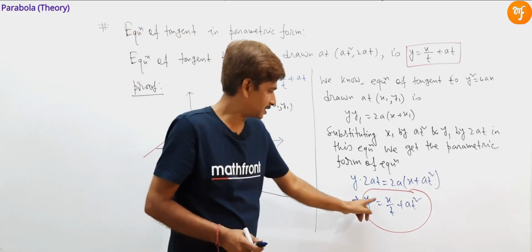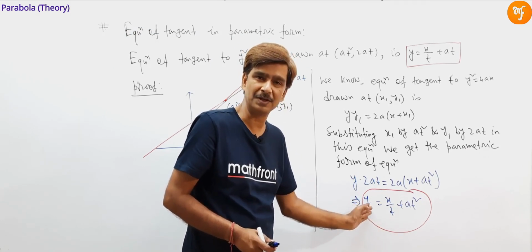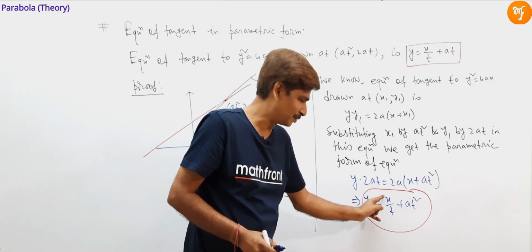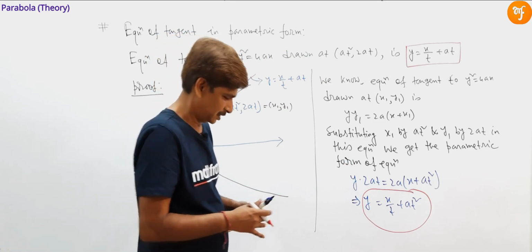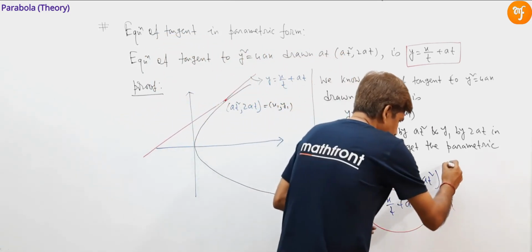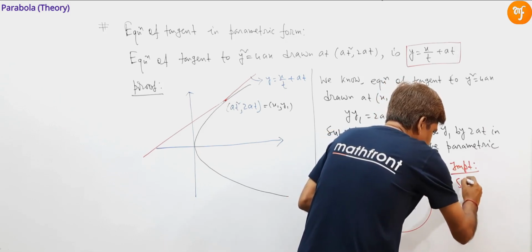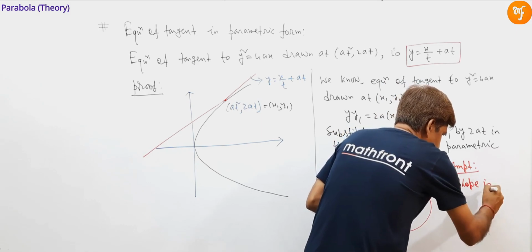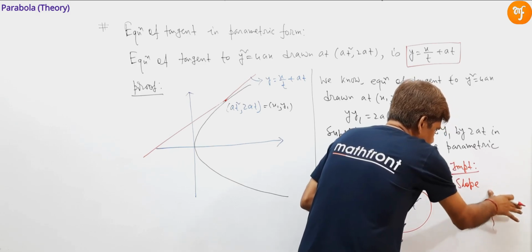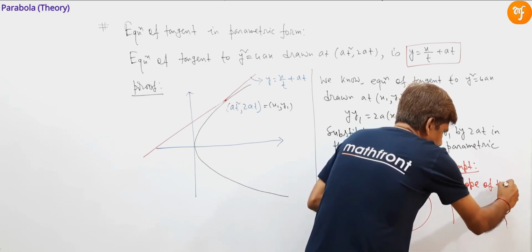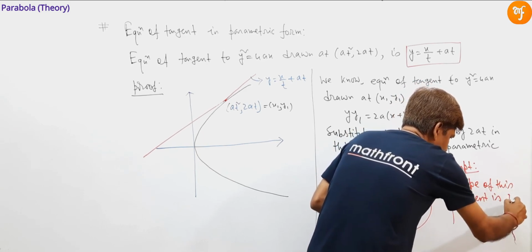Understand? And what is the slope of this tangent? The slope of this tangent is 1 by t, because this is nothing but in the form of y is equal to mx plus of c. So m is the slope, which is 1 by t. So writing here again, this is important: the slope of this tangent is 1 by t.